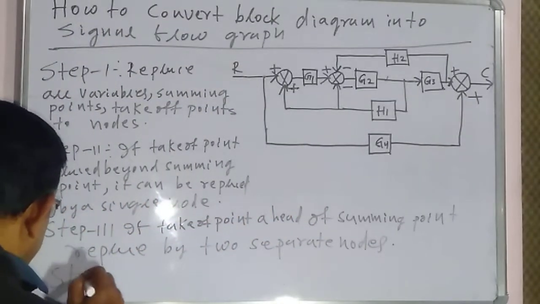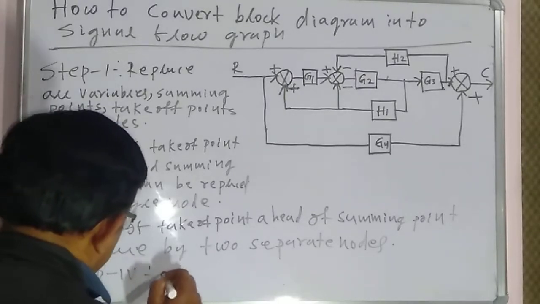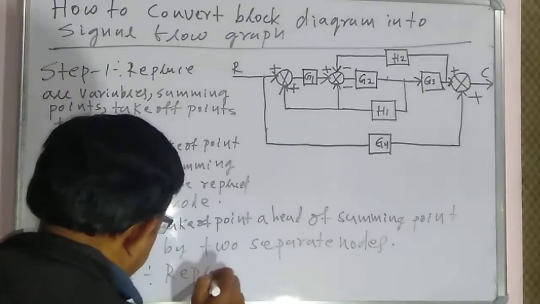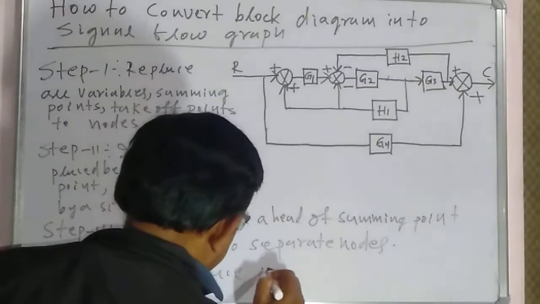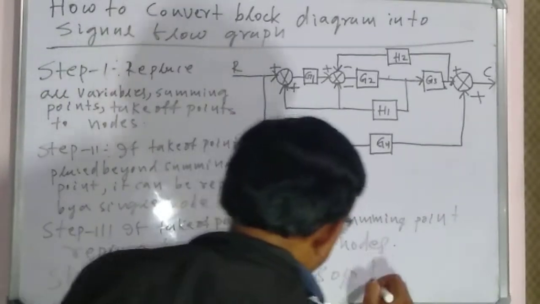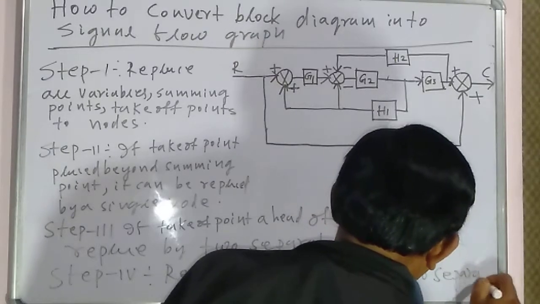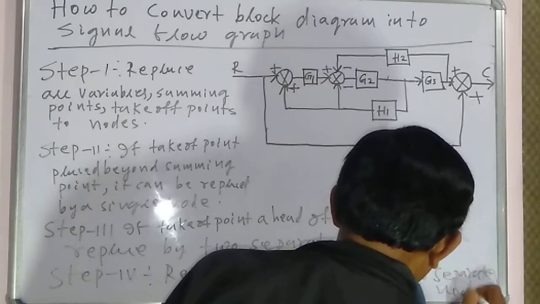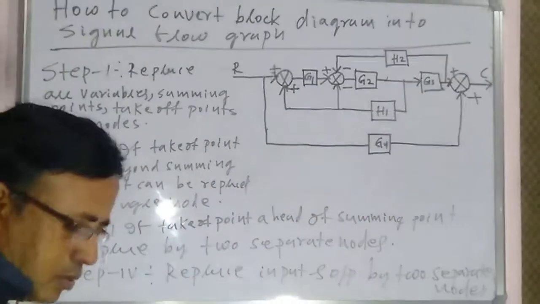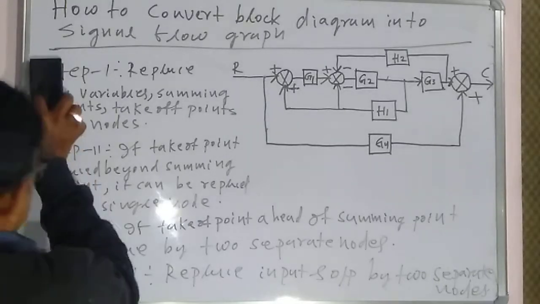And step 4: replace input and output by two separate nodes. So these are the steps to follow for converting a block diagram to a signal flow graph.